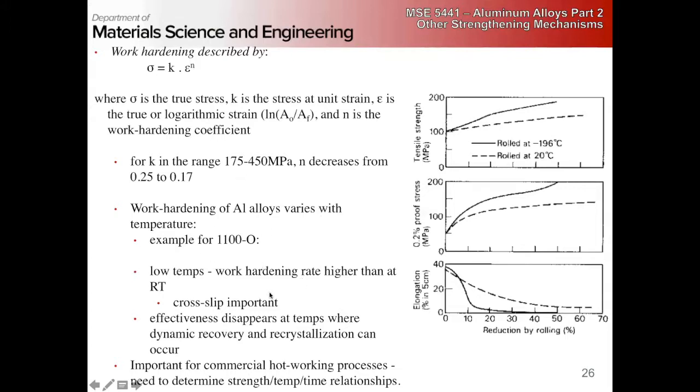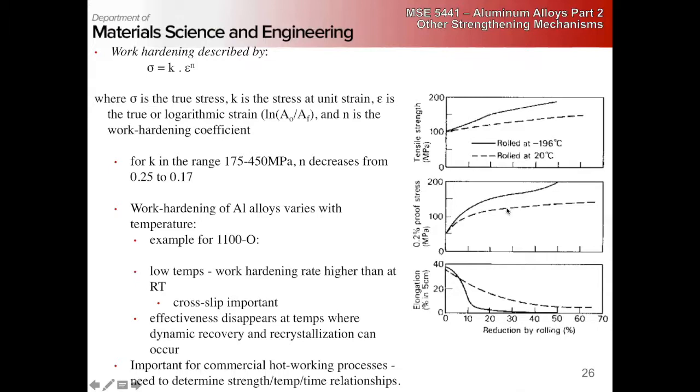What I really want to point out is that there's a significant difference in work hardening with temperature. So here we'll take a look at commercially pure aluminum. At low temperatures, we work harden at a much faster rate than at room temperature.